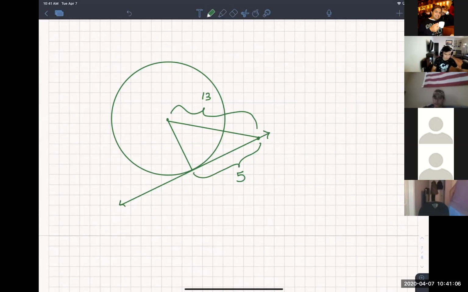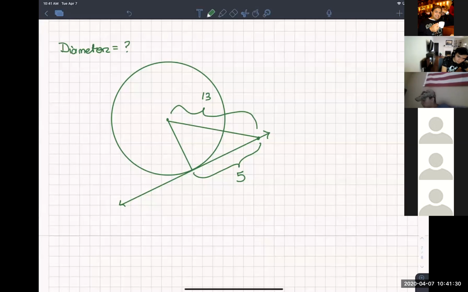Or better yet, find the diameter. What's the diameter of the circle? Don't wait for me to do it. Figure it out yourself. See how you can find the diameter.